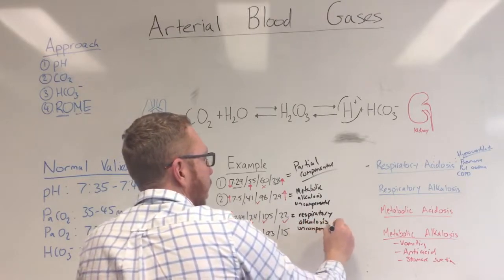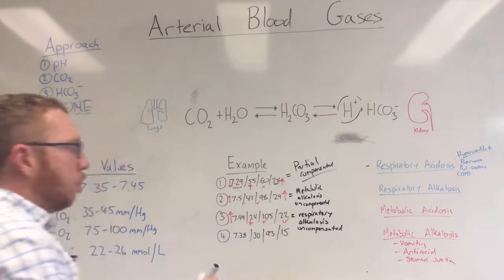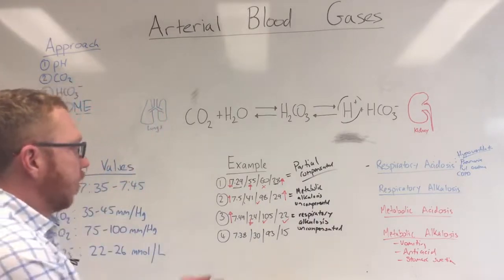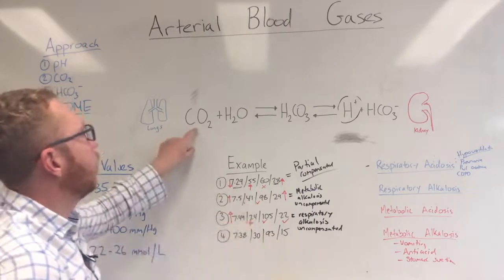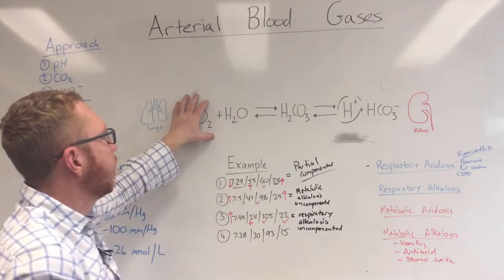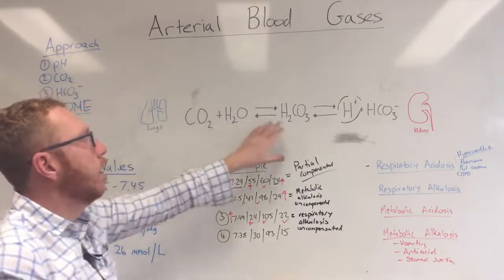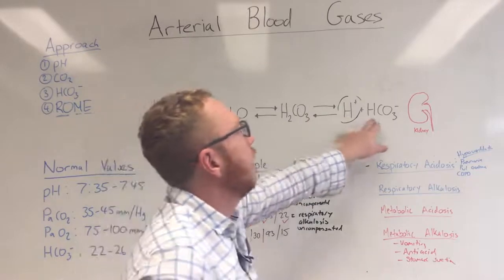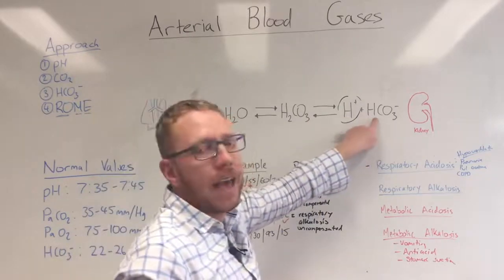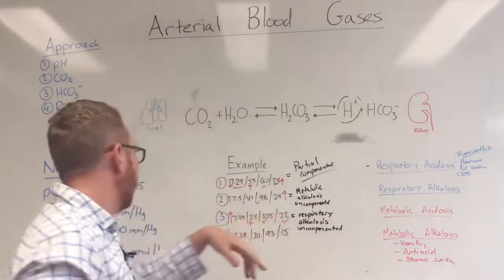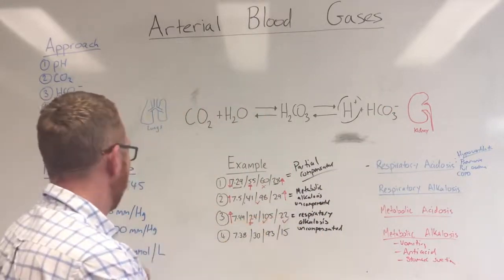Now, what essentially is happening here, because the CO2 is low, that means you're getting rid of lots of CO2, okay? And because you're getting rid of a lot of CO2, you have less to make with water, less acid, okay, so less of this. But you would expect the kidney to try and counter this by getting rid of bicarbonate in the urine, but it hasn't done so because it's still in the normal range.